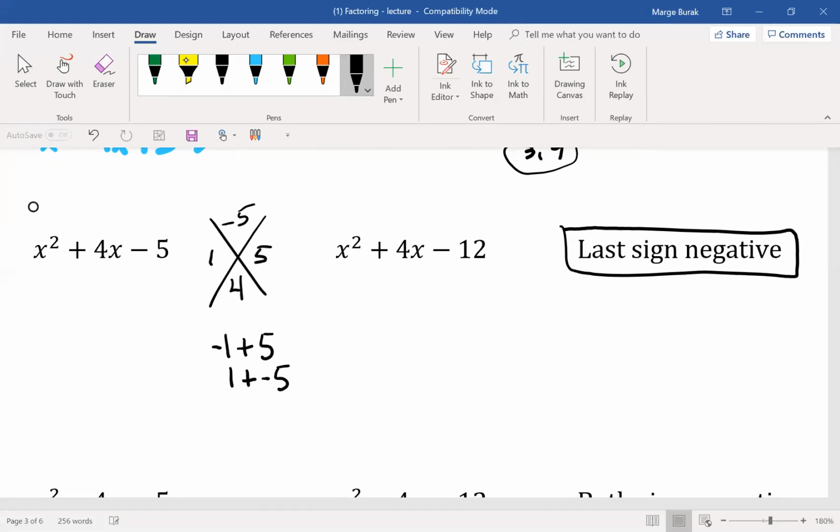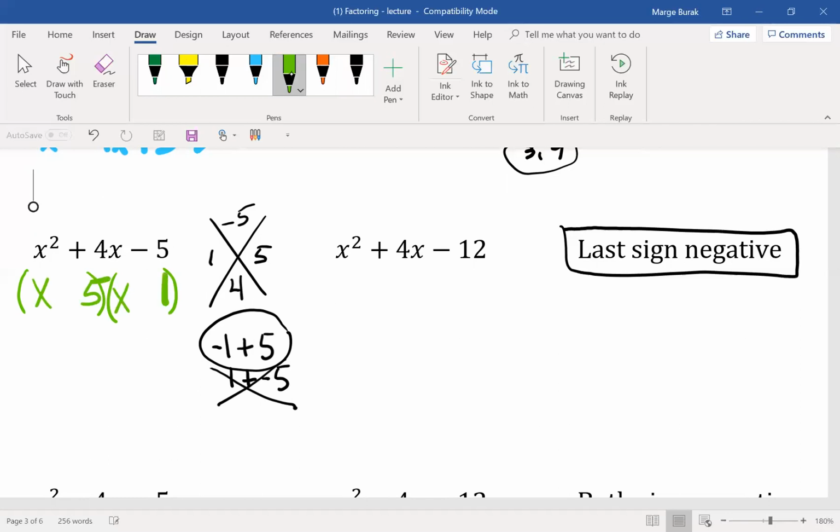And I need a positive 4, so we're going to stick with the first. All right, so let's go ahead and factor it. We'll put our x's in the front to get our x squared, our 5 and 1, and then we decided we would put the negative on the 1 and the positive on the 5. Okay, and we can check that out, and we will get the same trinomial.